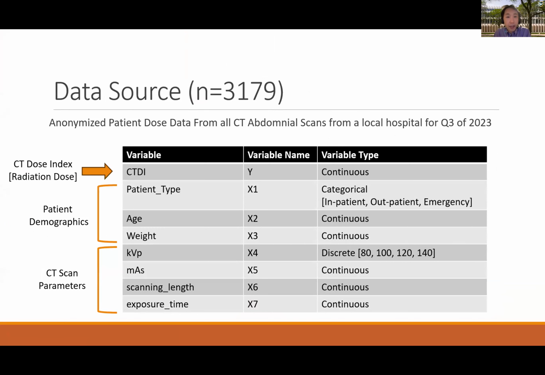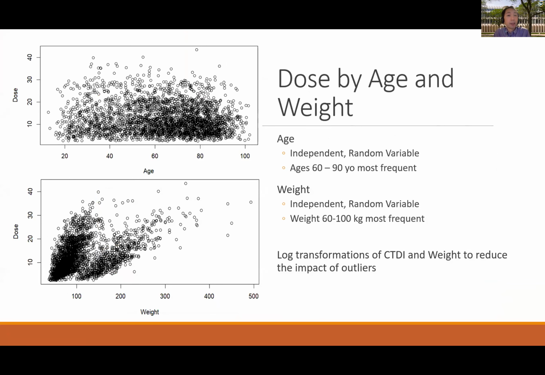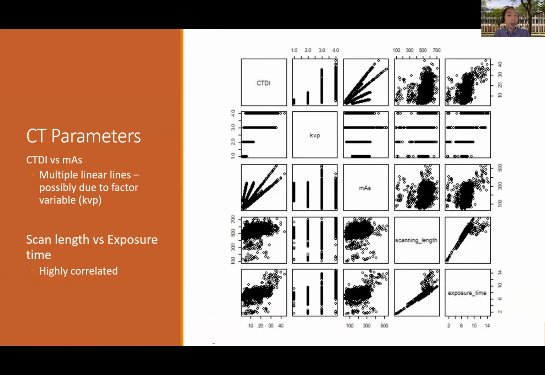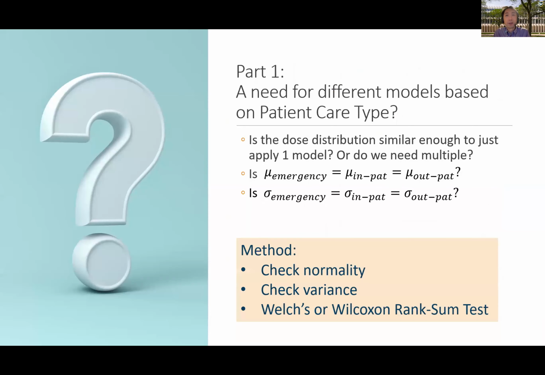Yeah, I think it sounds like the data have some indication of clusters. For example, the scatter plot for MAS versus CTDI, we have 4 different trend lines. Maybe for emergency patients, at 120 and 140 kVp, it may have 2 clusters.